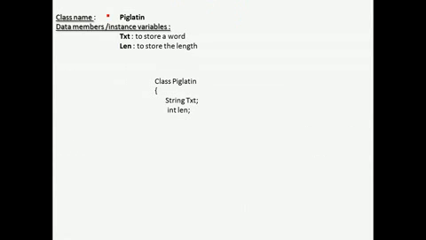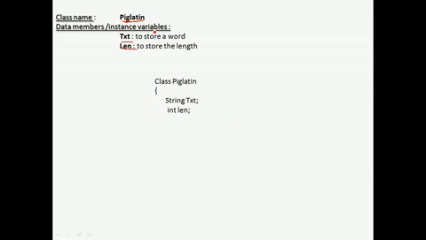So our class name was Pig Latin, and the data members or instance variables were txt and len. Class Pig Latin, as it is given in the program, you have to write it in the exact same way.